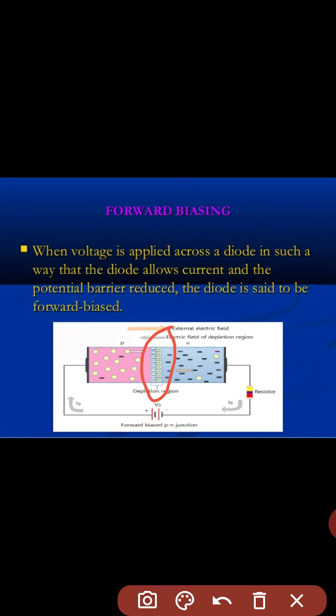Therefore, current flow will start due to movement of holes from the p region to the n region. Once the holes cross the junction, getting energy from the external source, they come to the n region and combine with the electrons from the n region, and therefore they constitute the flow of current.